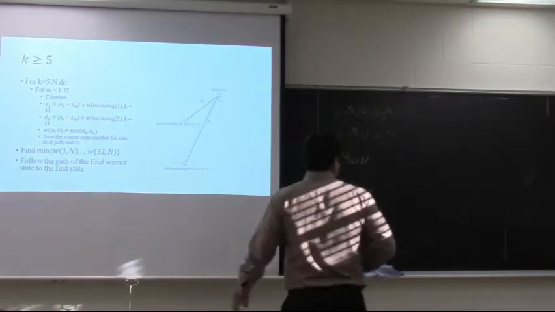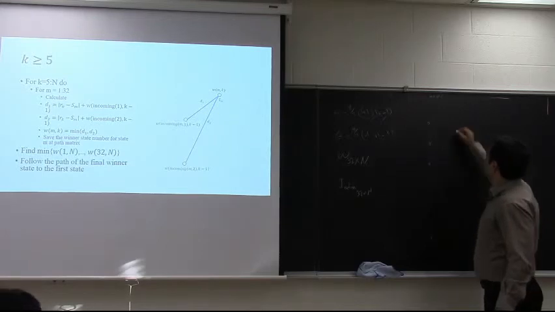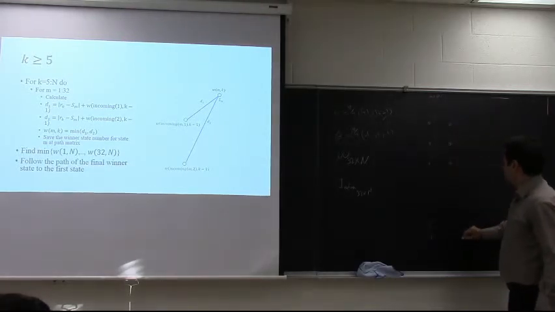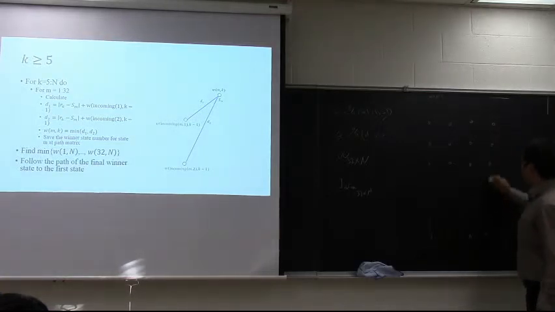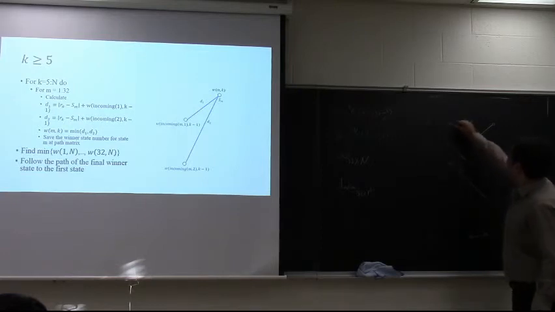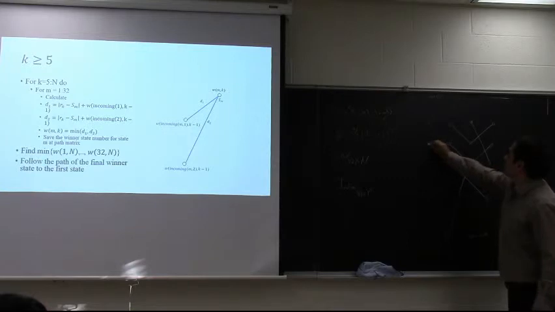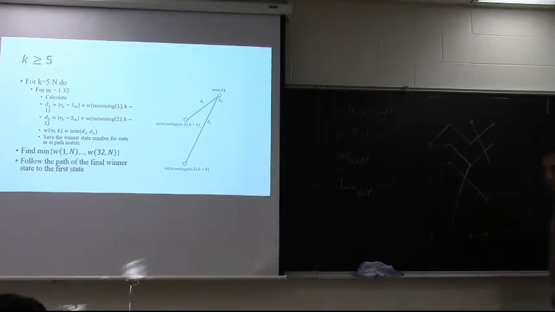Select that one, and you will have something like this: a trellis diagram where each state has one incoming branch. Maybe some have two outgoing, that's fine. But each has one incoming branch. And this one is the minimum.